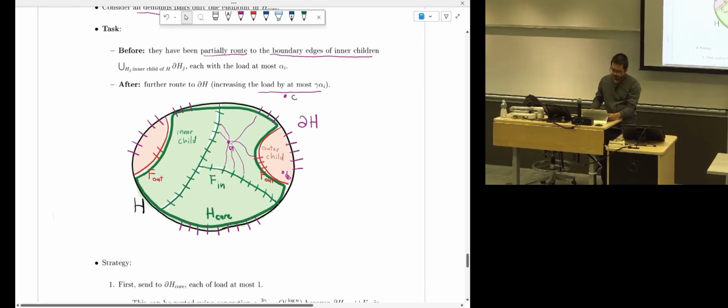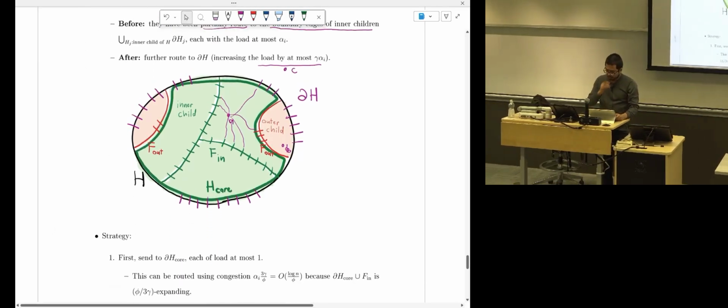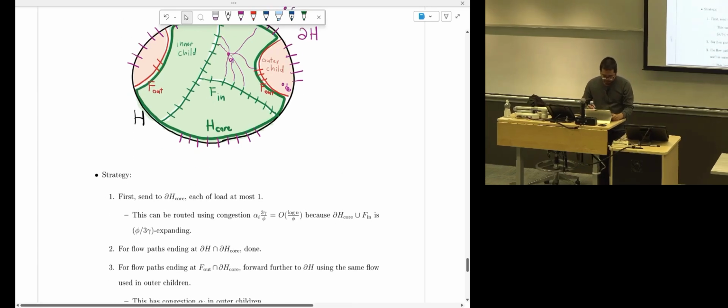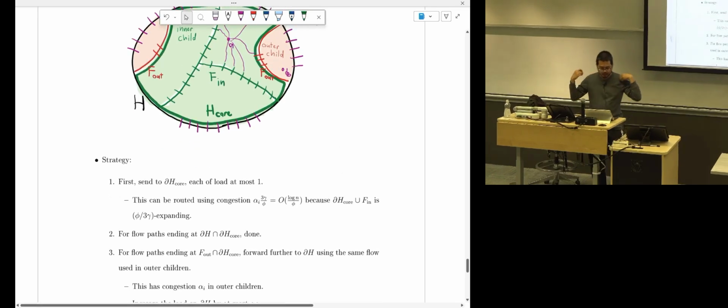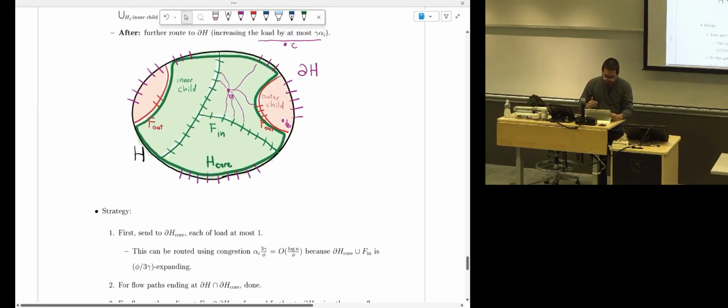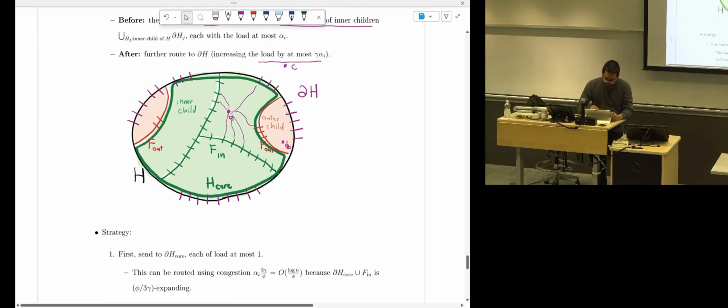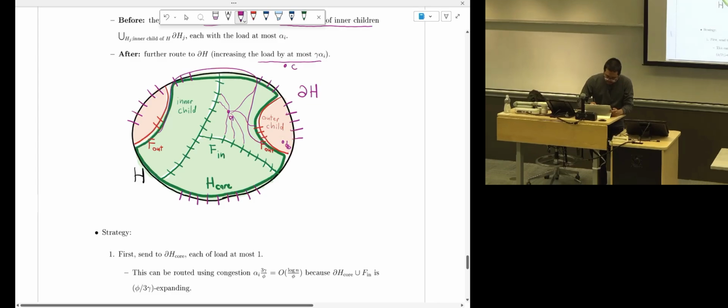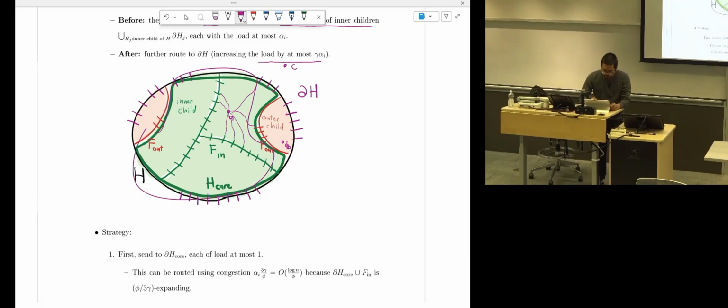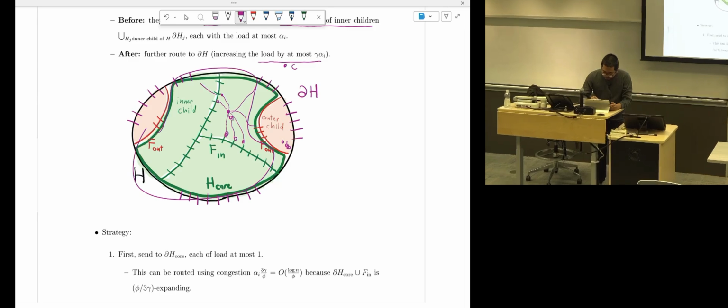Okay. So the strategy here is, I'm just going to send first, I will just try to send to the battery of the core first. Whatever this thing, if it ends here, I just send to the battery of the core first.